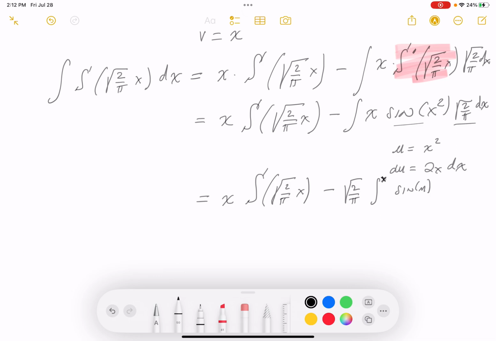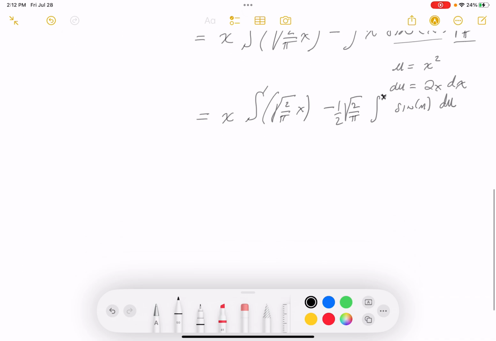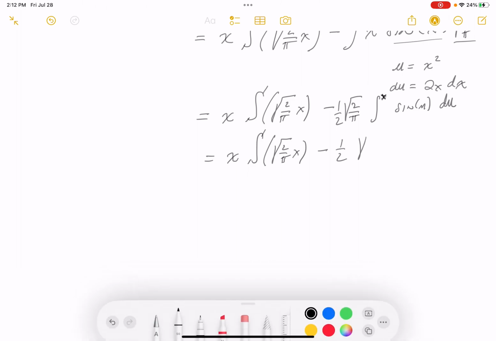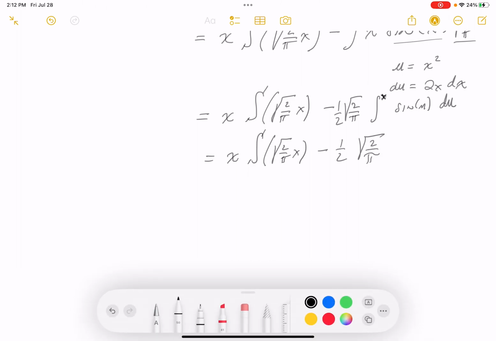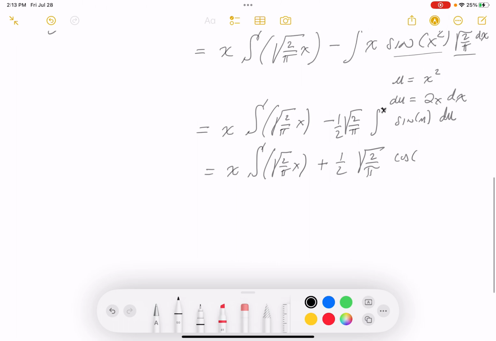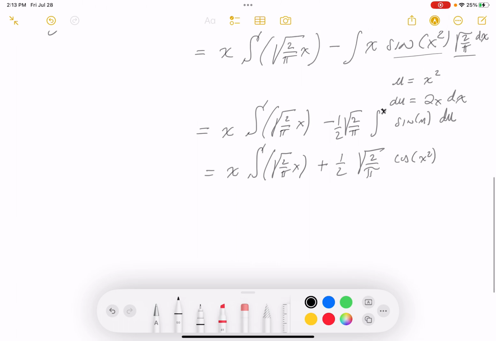So I took care of this, I took care of this. x dx is 1/2 of a du. Let me keep moving. x times S, minus 1/2. The antiderivative of sine is going to be minus cosine. I just changed the sign of that. What's the u, though, going to be? It's x squared plus some constant of integration.